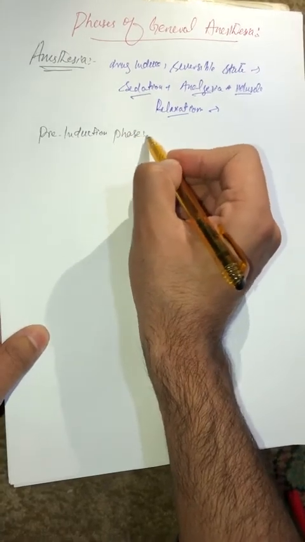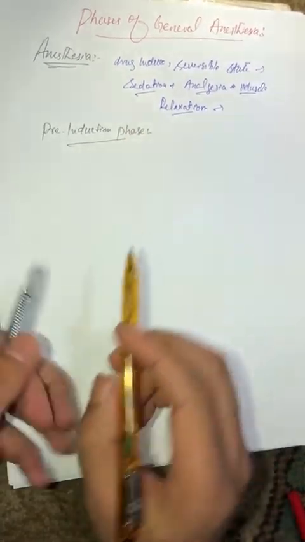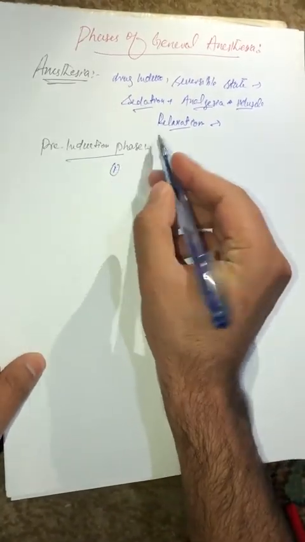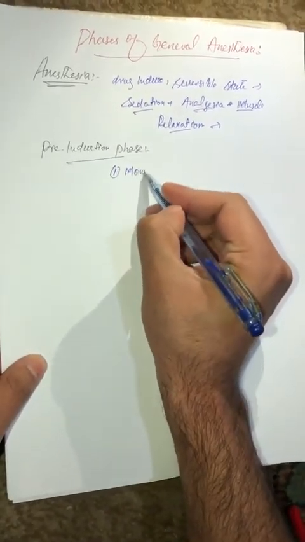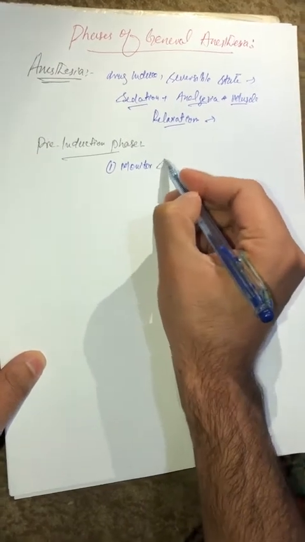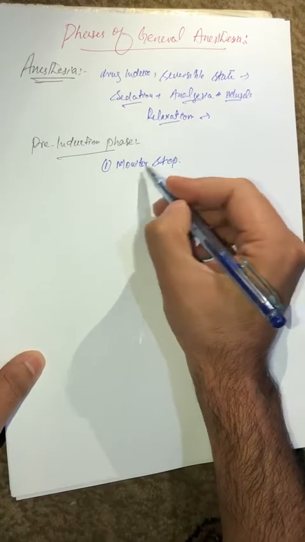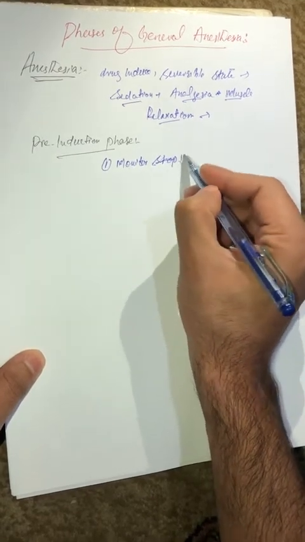And in the pre-induction phase, we will check 3-4 things. The first one is to monitor the BP of the patient, because we can't sedate a patient with a very high or very low BP. So monitor blood pressure.